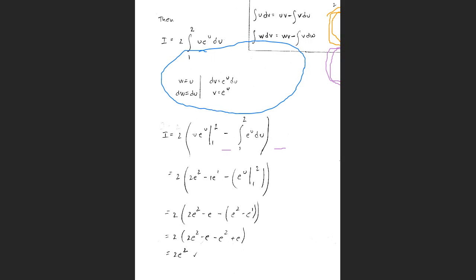And then, well, okay, the antiderivative of e to the u is just e to the u. And we work it out, and we get 2e squared. And that's the exact answer. That is the best answer.